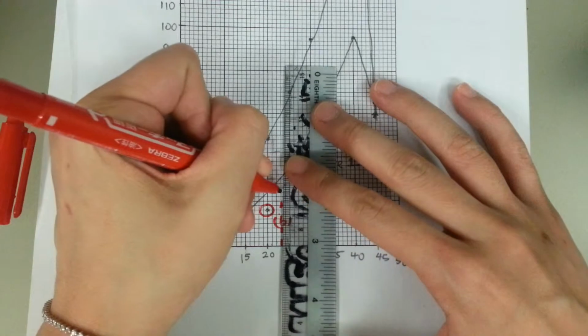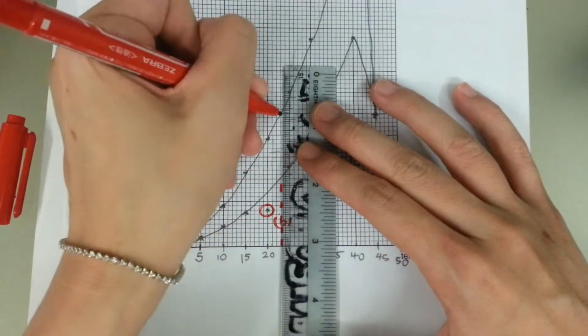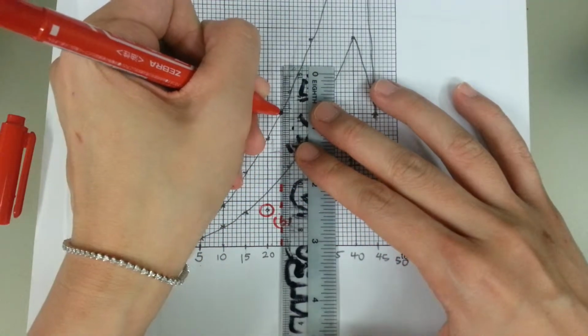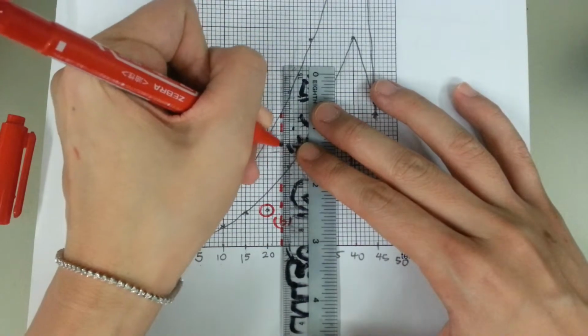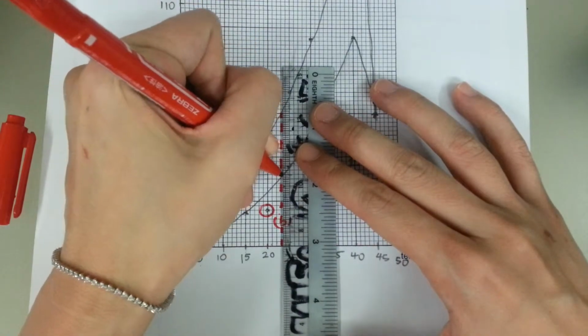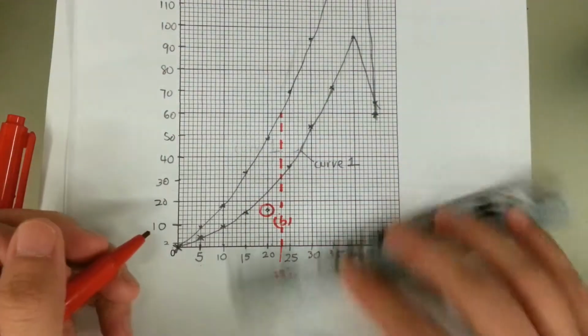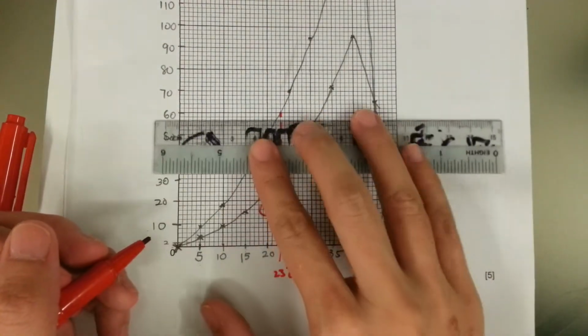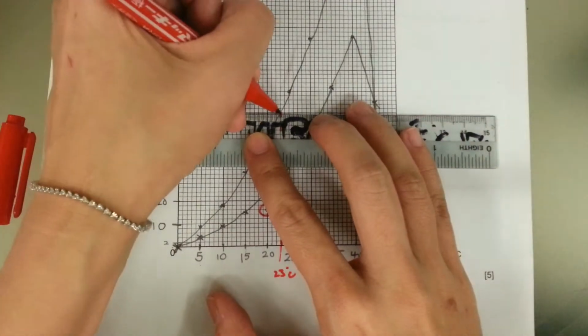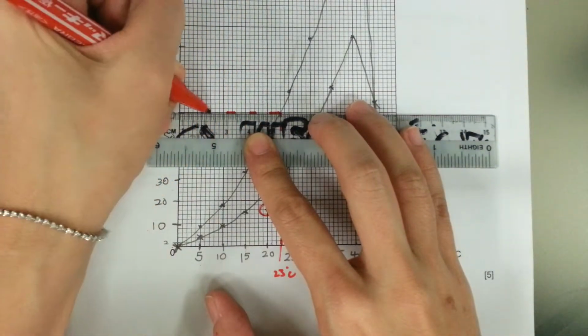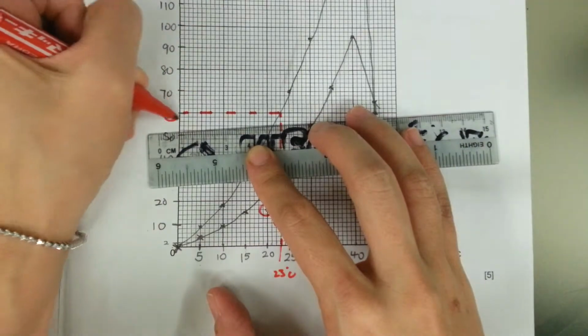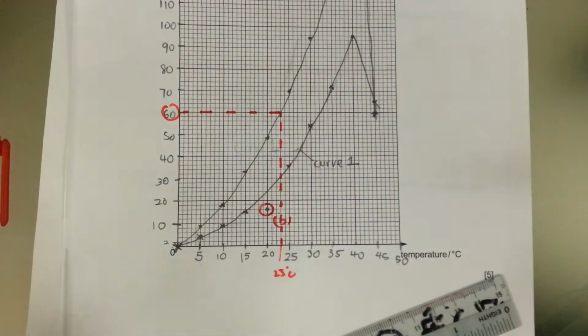Once I hit 23 degrees Celsius, I draw a line all the way up to hit curve number 2. And once I hit the curve, I'll draw a horizontal line to find out my answer. It's at 60.